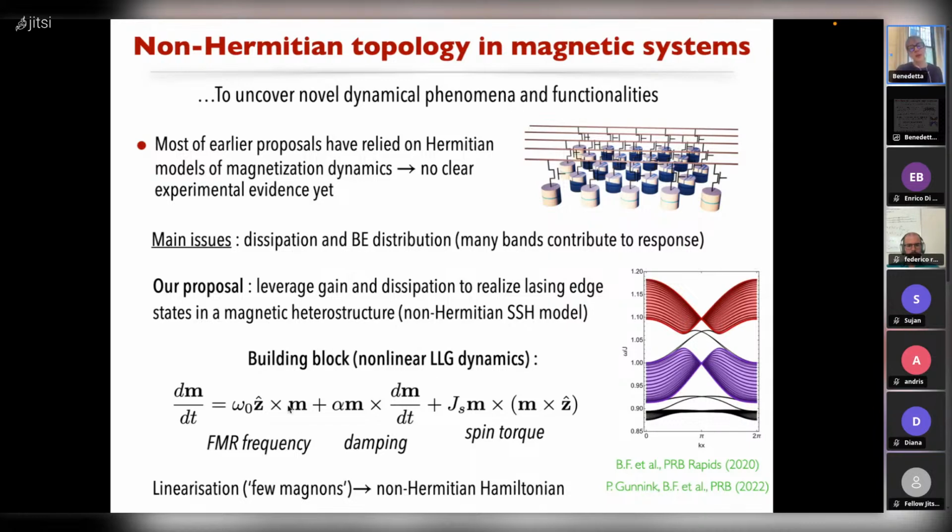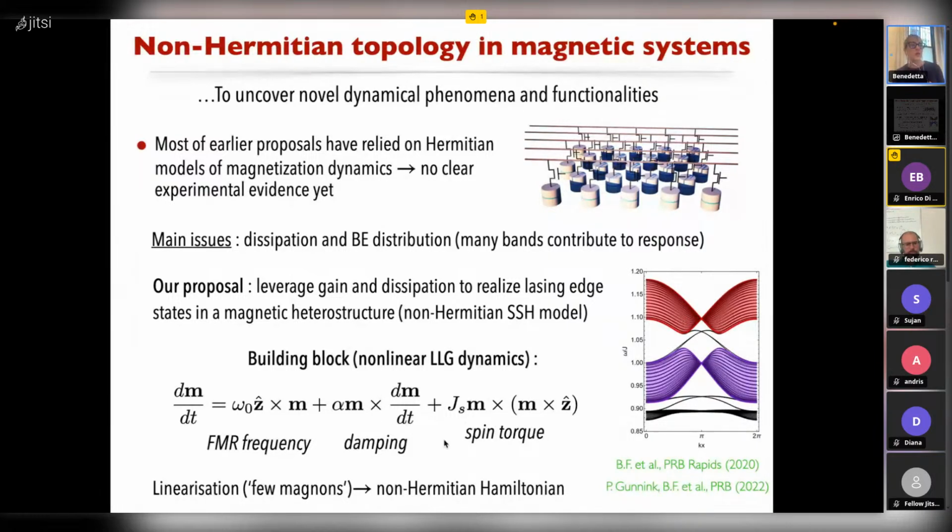And our building block is something that we call the LLG equation, and it really describes the dynamics of the magnetization subjected to coherent fields, but also to its intrinsic dissipation that comes in this interesting form. This term is called Gilbert damping. It's phenomenological, but it actually works when you try to describe the long wavelength dissipative nature of magnetization dynamics.